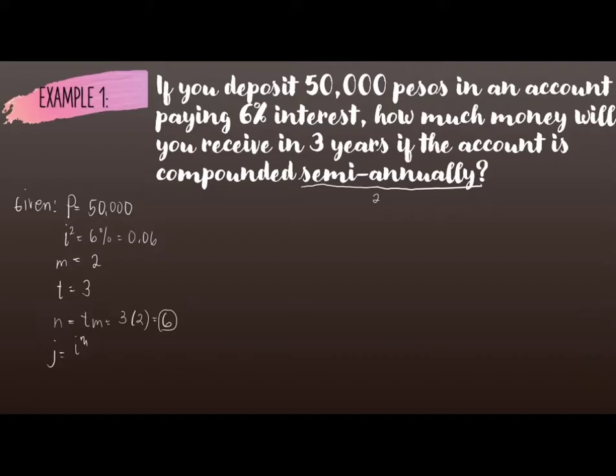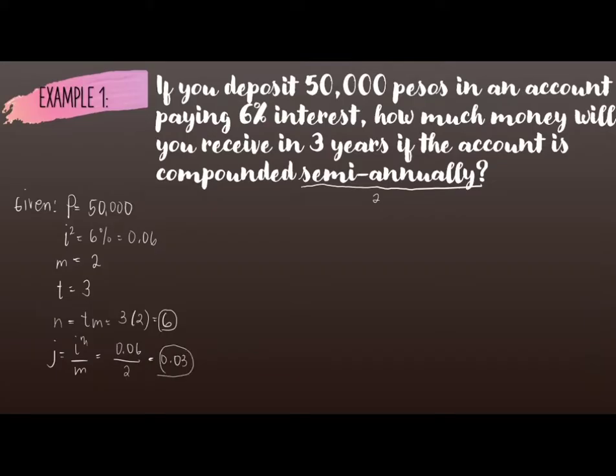So, i raised to m over m. So, yung annual interest rate natin is 6% or 0.06 over m. Yung conversion period natin is semi-annually, so that is 2. So, divide lang yan, magiging 0.03.